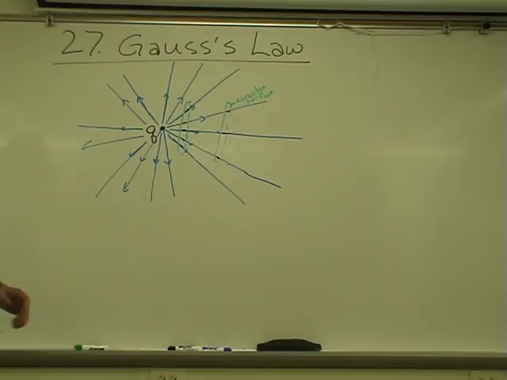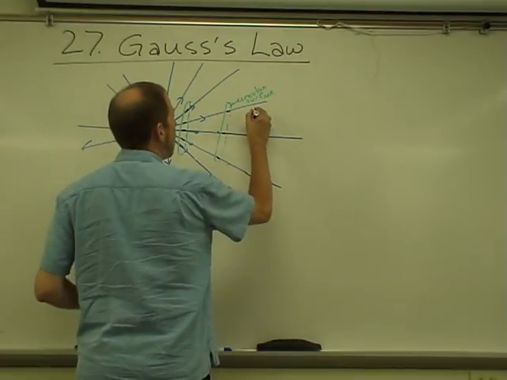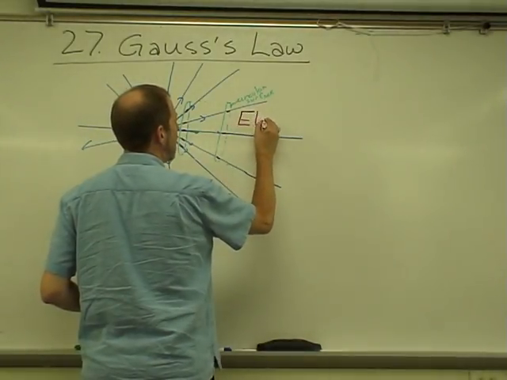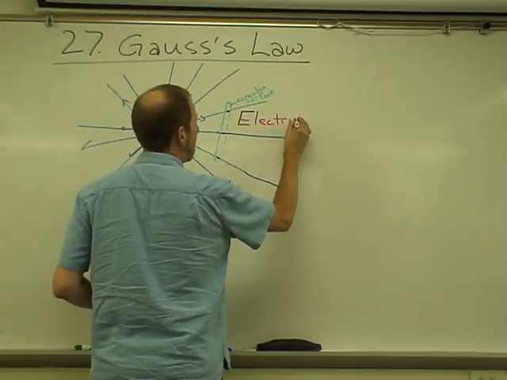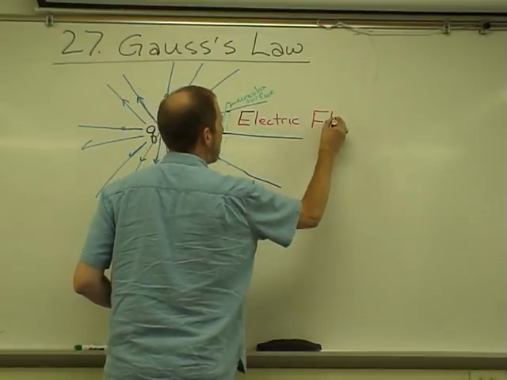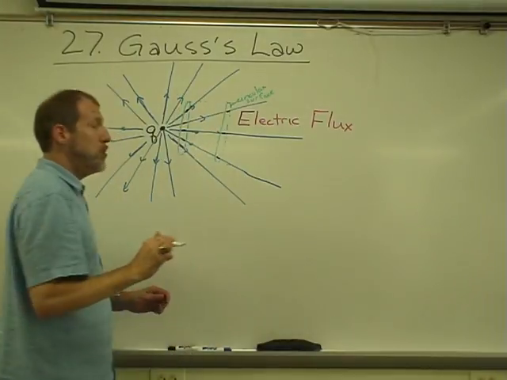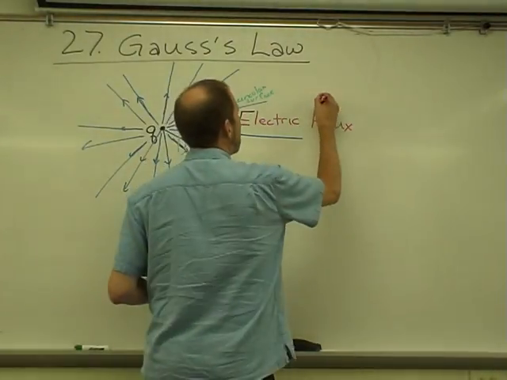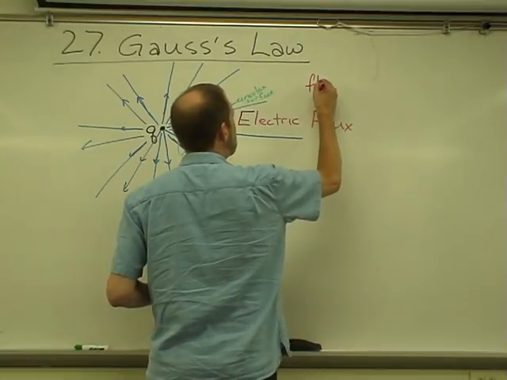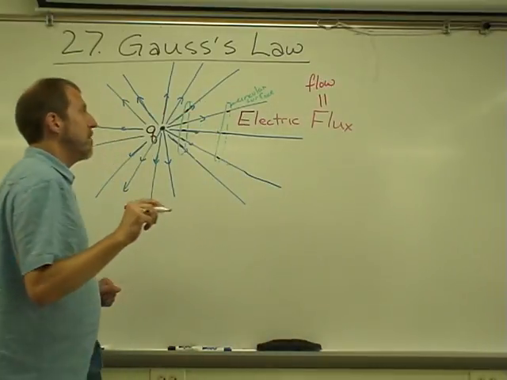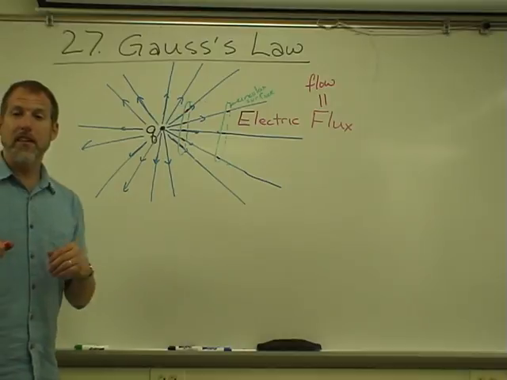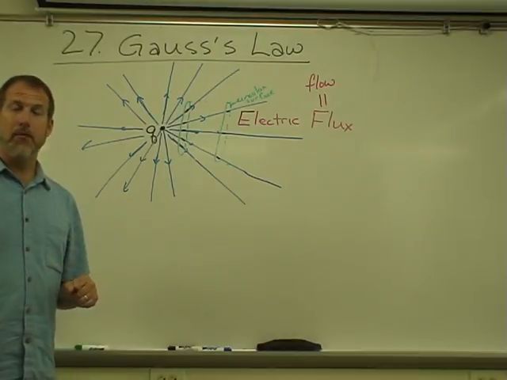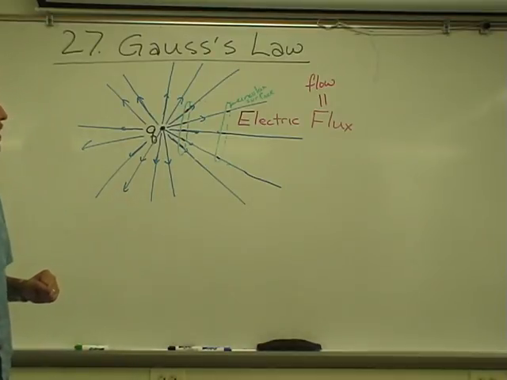Now, I'm going to define a quantity which we're going to call the electric flux. And think of flux as, well, flux comes from the same root word that flow does.